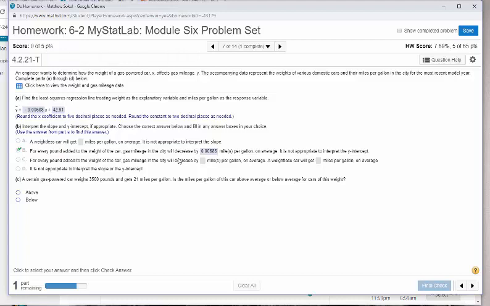A certain gas-powered car weighs 3,500 pounds and gets 21 miles per gallon. Is the miles per gallon of this car above or below the average of cars of this weight? What Y hat tells us is the predicted gas mileage if you know X. X is the weight, and they're telling us what the weight is.